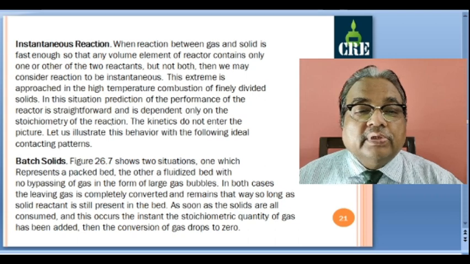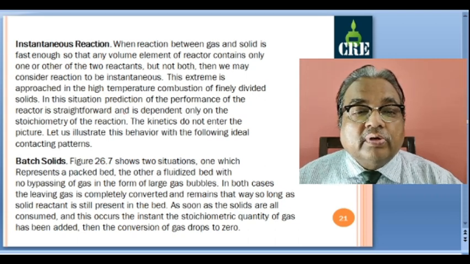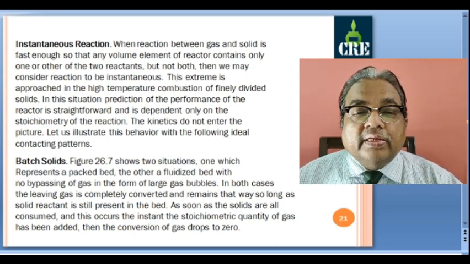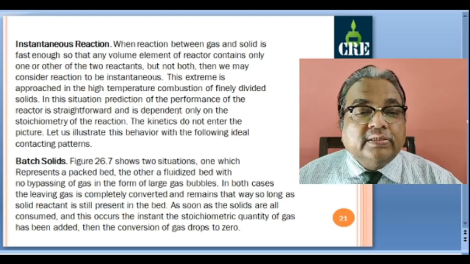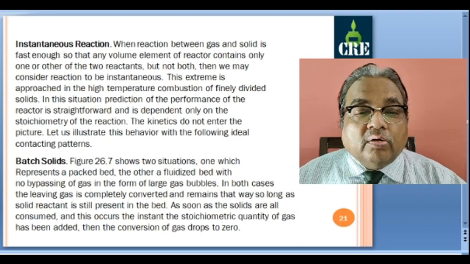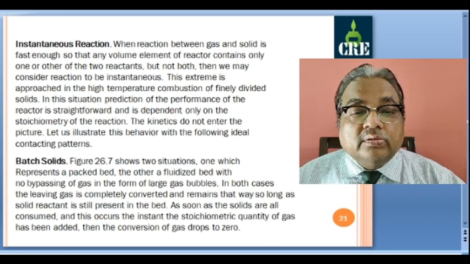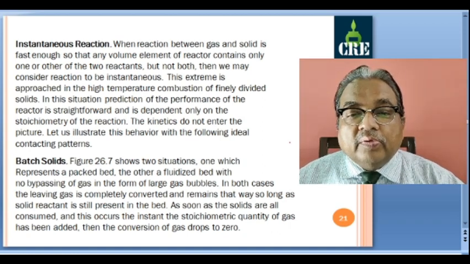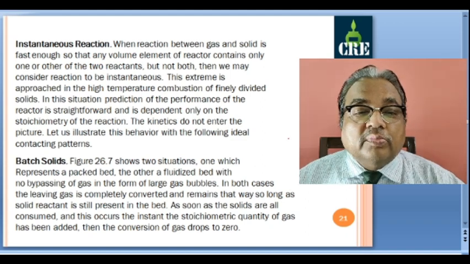So when the reaction between gas and solid is fast enough or instantaneous, so that any volume element or part of the reactor contains only one or other of the two reactants, but not both at the same time, meaning thereby wherever in any element of volume the reactants come into contact, the reaction being instantaneous, immediately the product is formed.